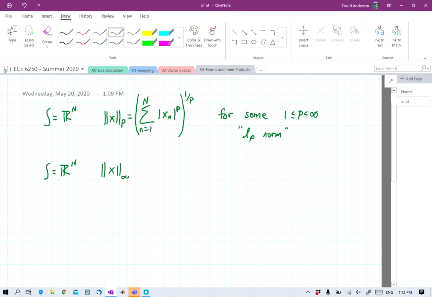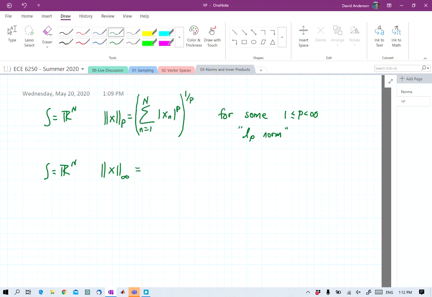But what if we go the other way, up to infinity? Looking at the equation for the LP norm, if p became infinity and you raised everything to the infinity power, everything is going to blow up and become infinite, or go down and become 0, depending on whether it's above or below 1.